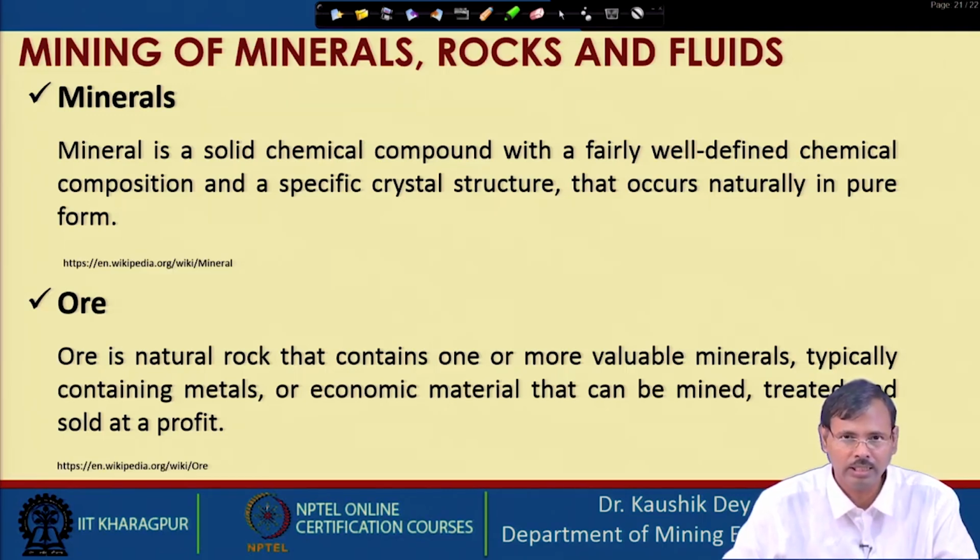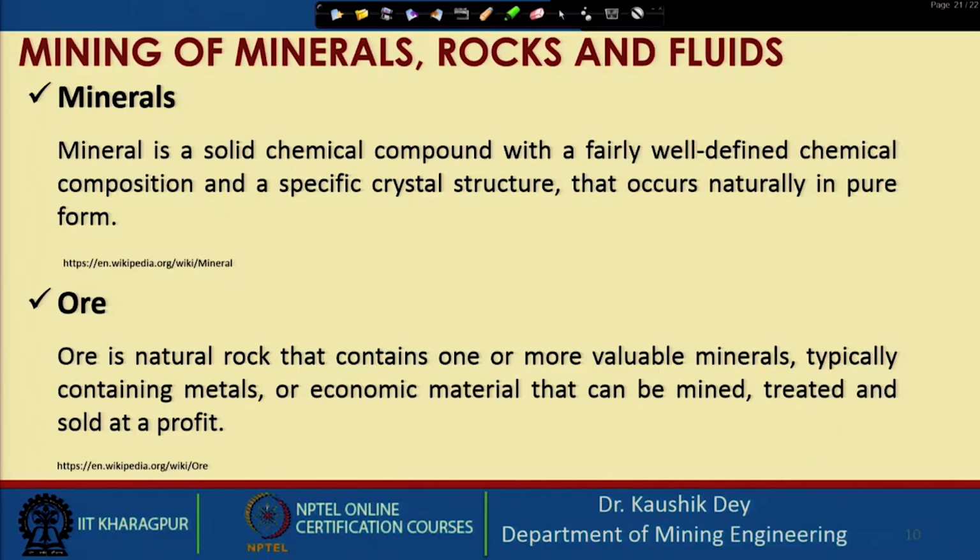The reason is that the mineral may be very interesting, but we cannot mine out the mineral, we have to mine out the rock, and maybe the composition of the mineral in the rock is not significant enough for us to mine it economically. So, minerals are good, they may be of our interest, but a mineral does not tell that we will go for mining of the same.